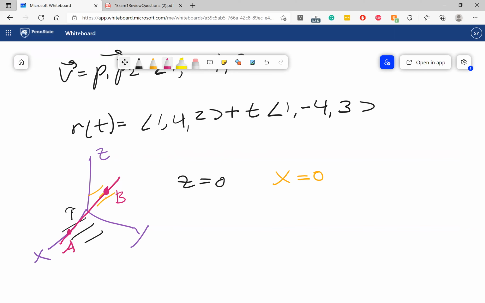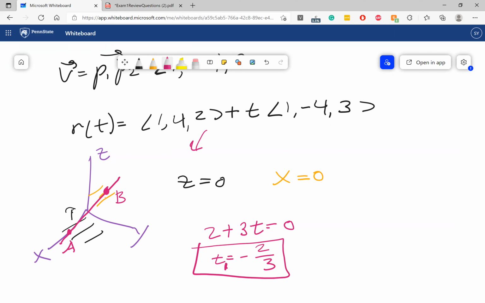Where does it intersect the XY plane? That happens when 2 plus 3t is equal to 0, or in other words, t is equal to negative 2 over 3. And let's call this T1. So that's when you intersect the XY plane.